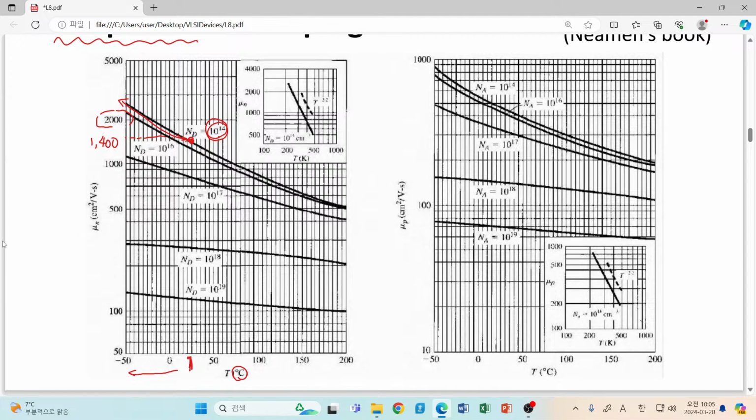However, let's think about this one. Fortunately, you have made the doping density like 10 to the 14. Great. Then how can you measure the mobility? In order to measure the mobility, you need carriers.